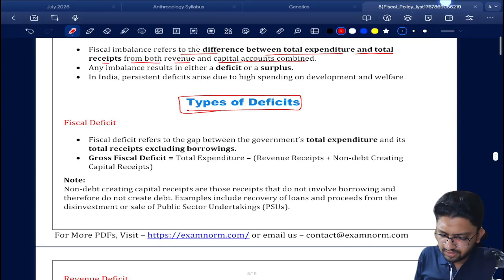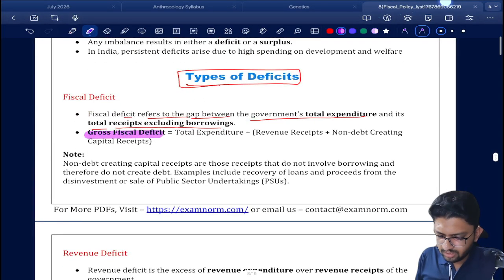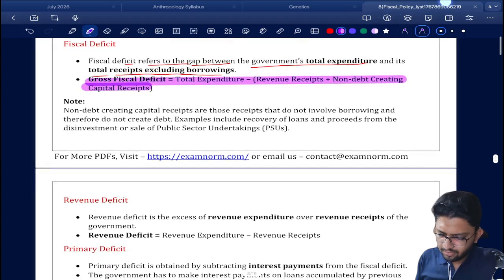Fiscal deficit refers to the gap between the government's total expenditure and its total receipts including borrowings. So we have a formula: gross fiscal deficit is equal to total expenditure minus revenue receipts plus non-debt creating capital receipts. Note, non-debt creating capital receipts are those receipts that do not involve borrowing.